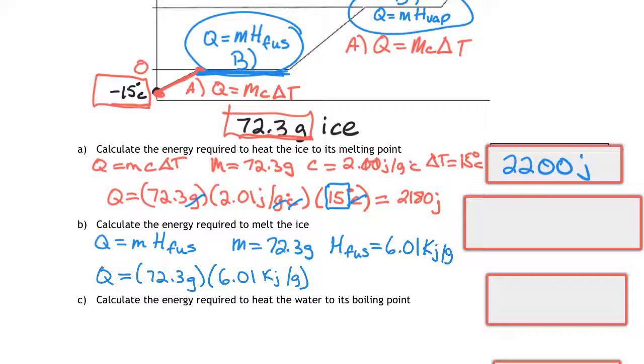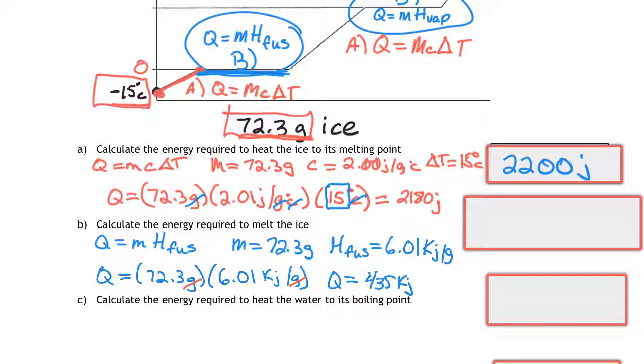All right, now I'm ready to put this in my problem. Cross off my units that are the same. My Q will equal the 72.3 times 6.01. I'm going to do my sig figs here since I'm running out of space. With 3 sig figs, it's going to give you 435 kilojoules.